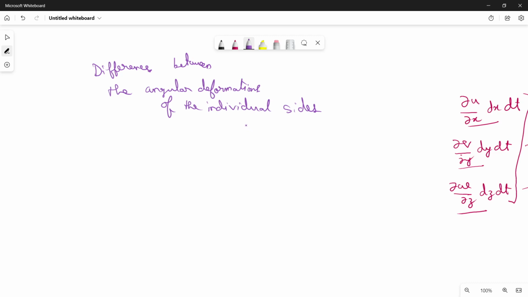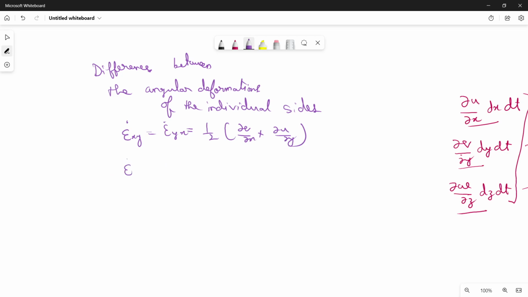So how can you get this angular deformation? It is usually represented by a symmetric matrix, where epsilon xy is half of del v del x plus del u del y.